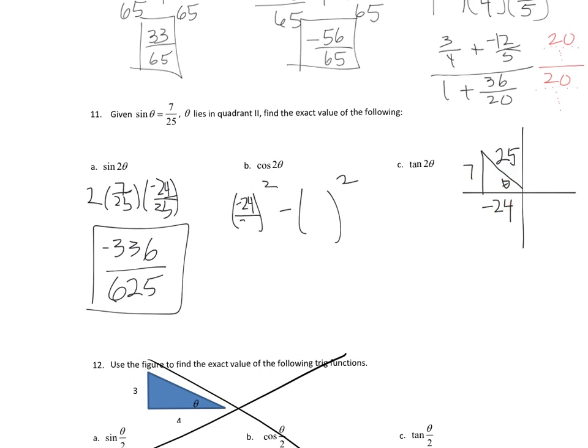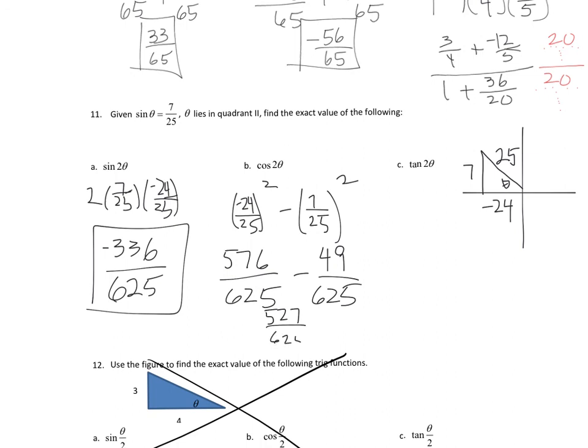Negative 24 over 25 minus sine squared. Sine theta is 7 over 25. So 7 over 25. 24 squared is positive 576 over 625, which is 25 squared, minus 7 squared is 49 over 625. And when we combine the numerators, that will give us 527 over 625.